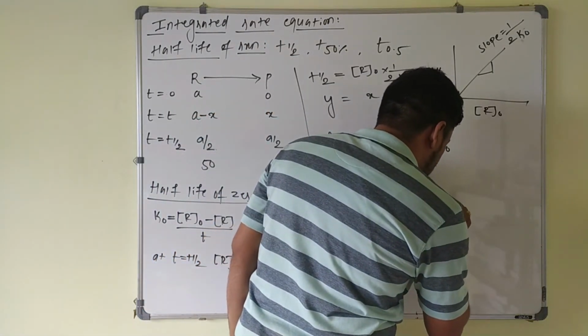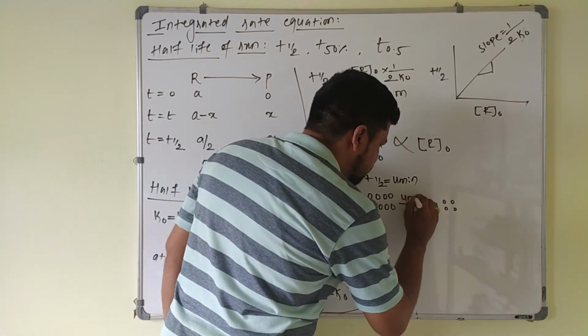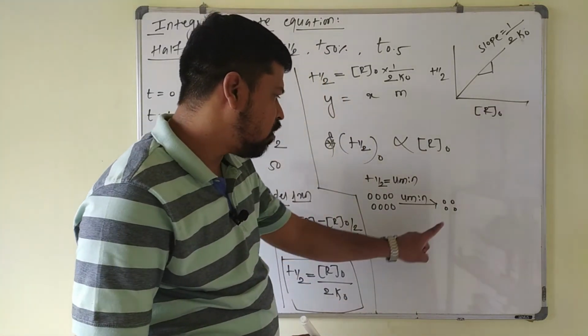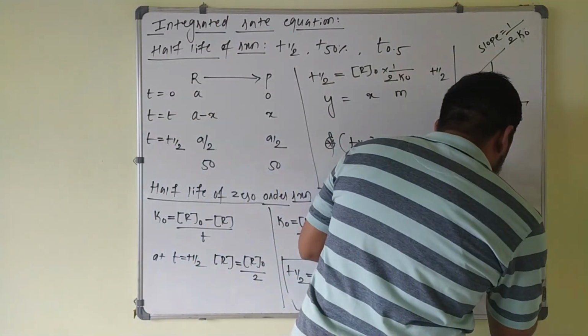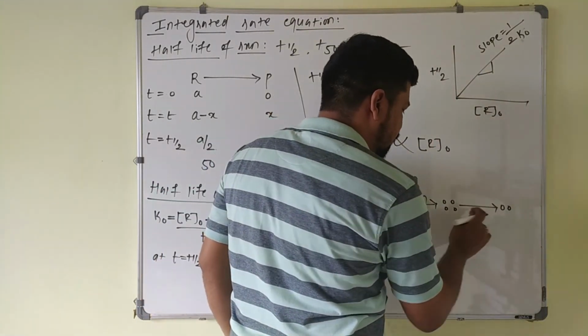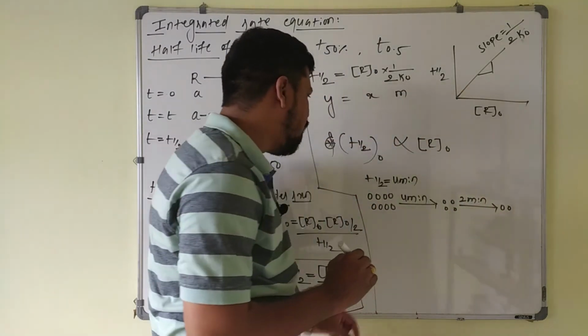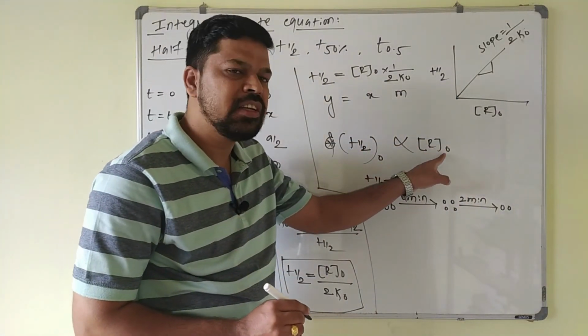Means to convert exactly half of its value, 8 moles become 4 moles. To become 8 mole into 4 mole, how much time is required? Its half-life is 4 minutes. Now to convert 4 moles into 2 moles, exactly half of this one, again 2 minutes is required, because half-life of the reaction is directly proportional to initial concentration.